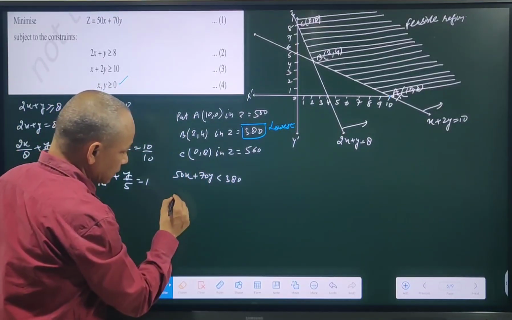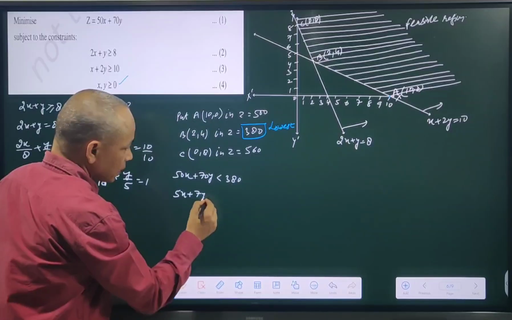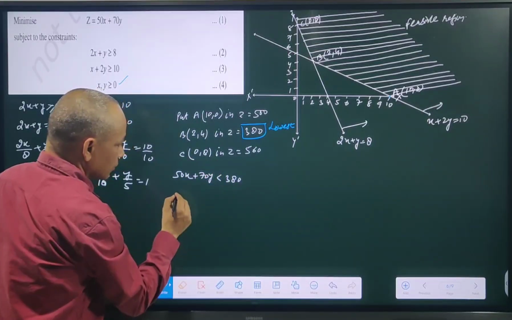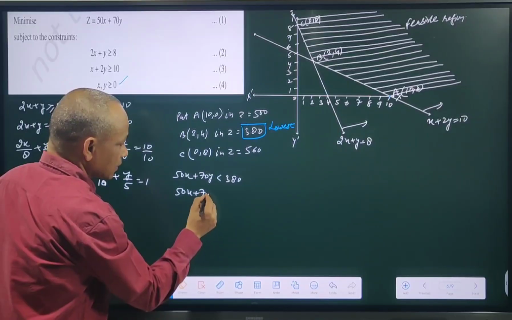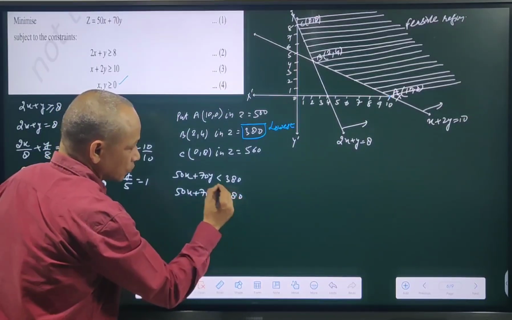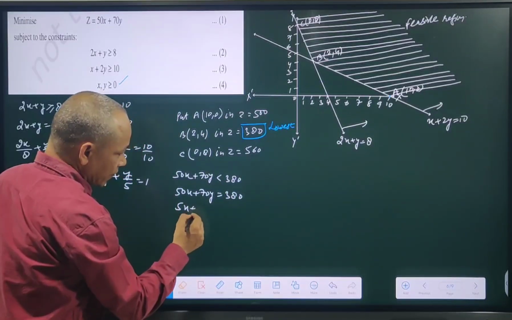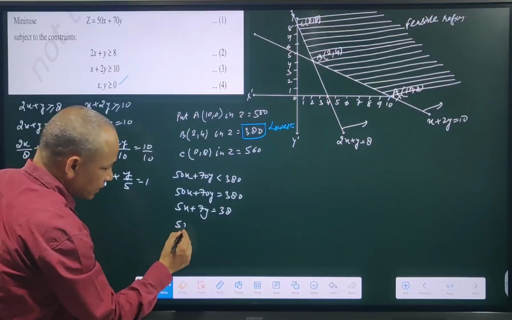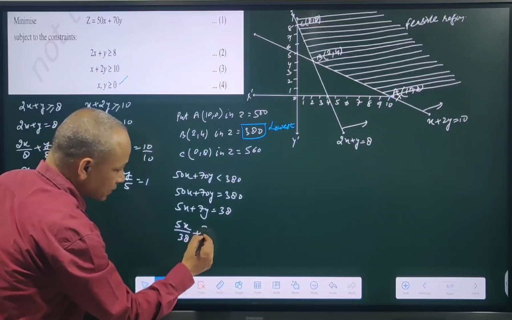So 0 cancelled. 50x plus 70y equal to 380 becomes 5x plus 7y equal to 38. Divide both sides by 38.